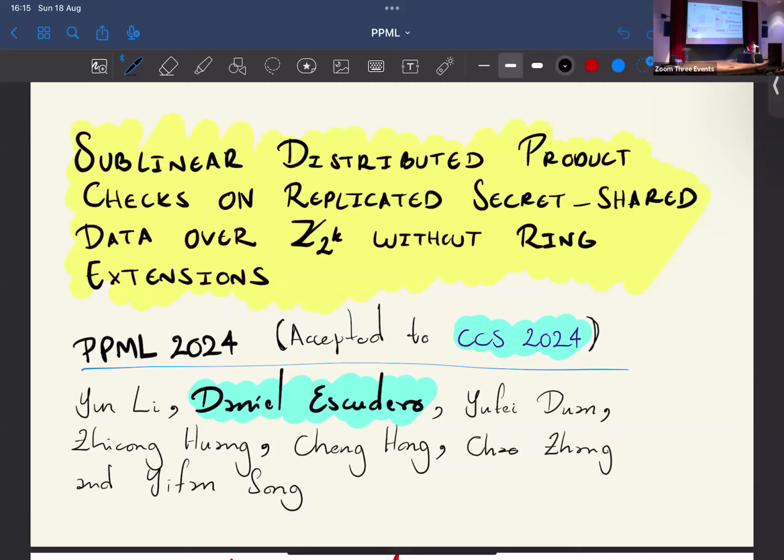Thank you. You can see in Zoom? I can see it in Zoom, yes.